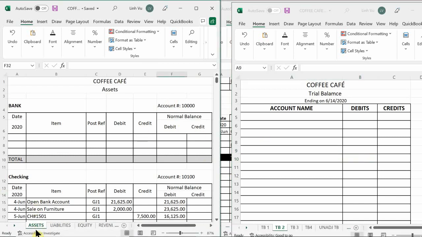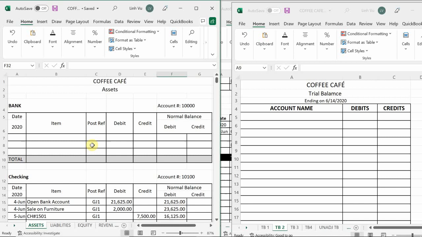Now, if you guys remember, what does the trial balance do? Straightforward. It's going to give us a list of all of the accounts with their respective account balances. And we're going to test if our total debits equal our total credits.